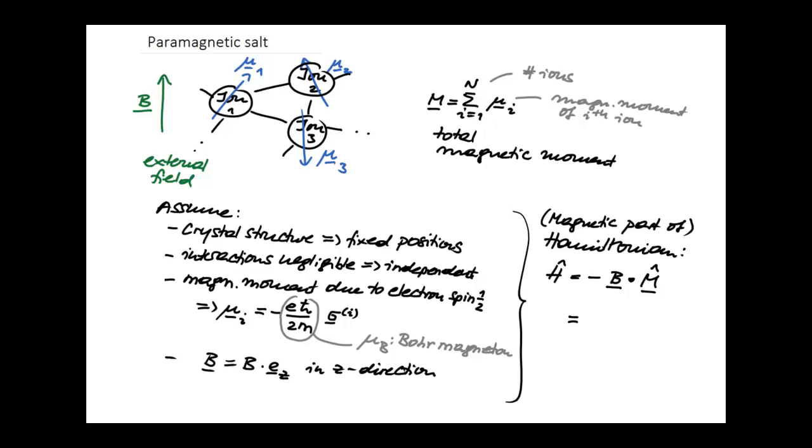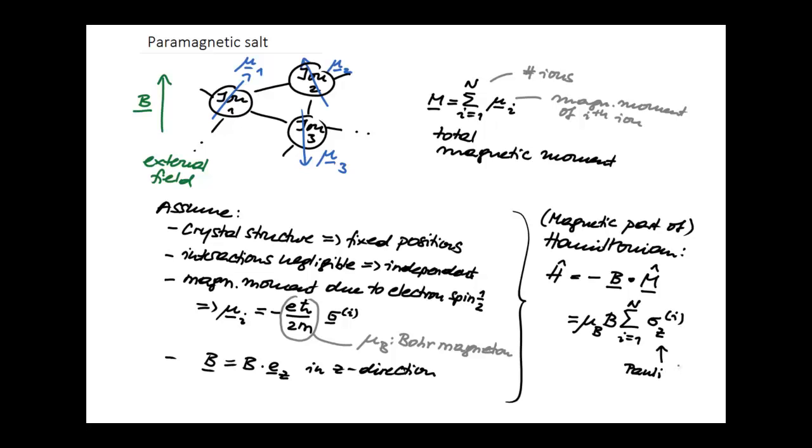So when you combine these assumptions, these formulas, you find that the Hamiltonian is given by Bohr magneton times the magnitude of the magnetic field times the sum over all ions going from 1 to N times the Pauli Z matrix referring to the ith ion.